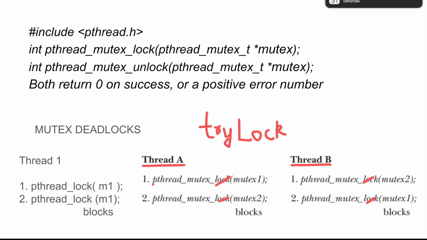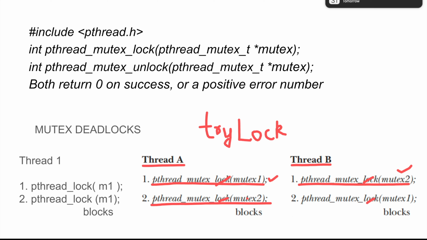Thread A is going to start its execution. It will do a try lock on mutex 1 and proceed. Thread B then can do a try lock on mutex 2 and proceed as well. Thread A will now come to this statement where it tries to lock mutex 2.